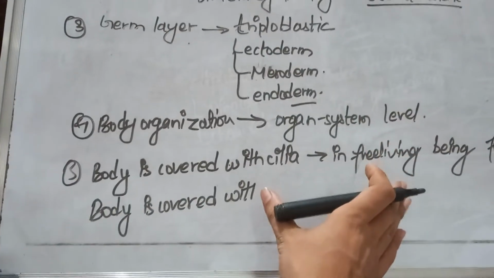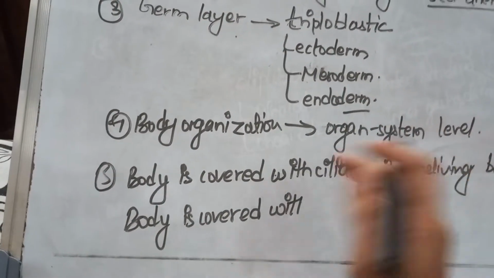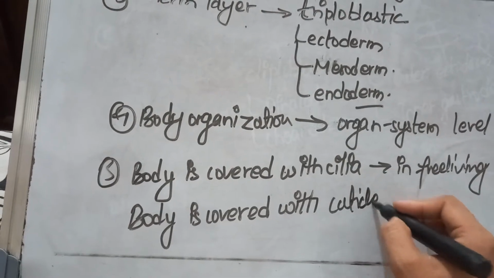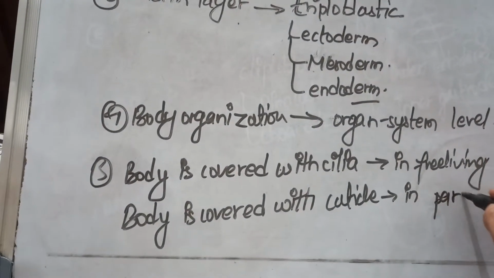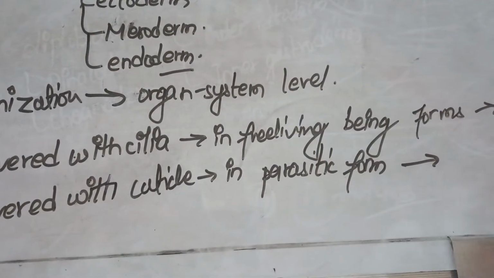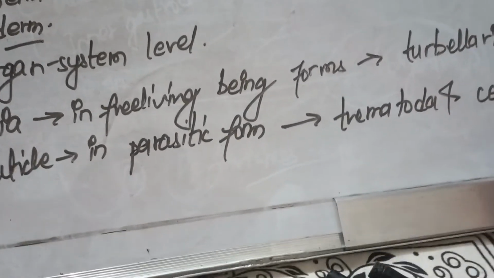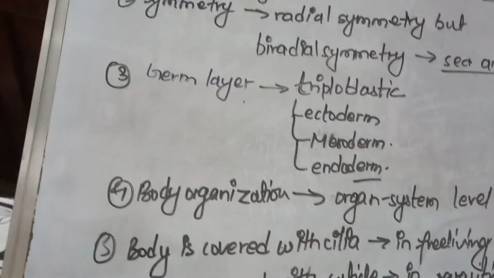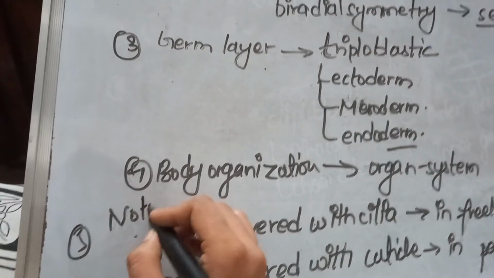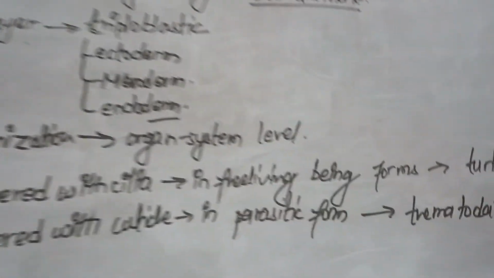You can point out this point, and later in classification you will understand it broadly. This is not like a point, but like a note. You have to understand: body is covered with cilia in free living forms like Turbellarians. And in Turbellarians, what is there? Planaria.